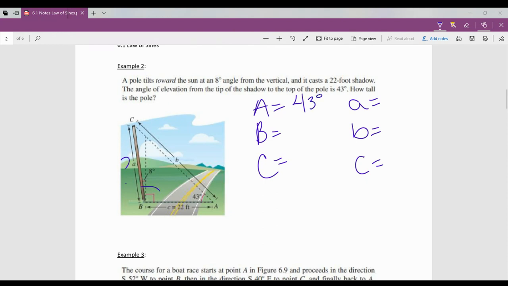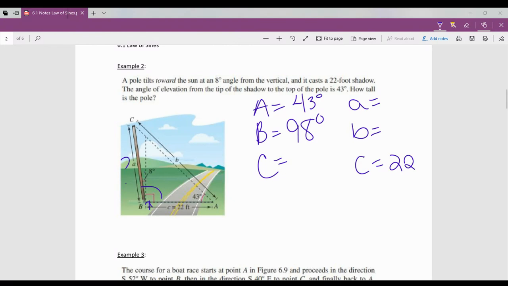Angle B is 90 degrees from that little box right there, and then 8 degrees that way, so it's 98 degrees. And side length C is 22 feet.